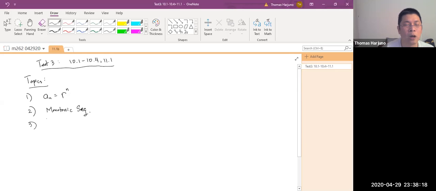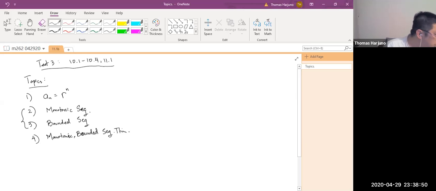And then the third one, bounded sequence. And once we get those, combining 3 and 4, we will have the monotonic bounded sequence theorem. And after that, that's basically it.